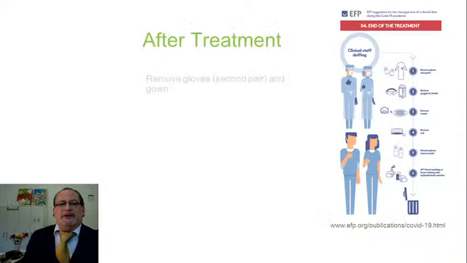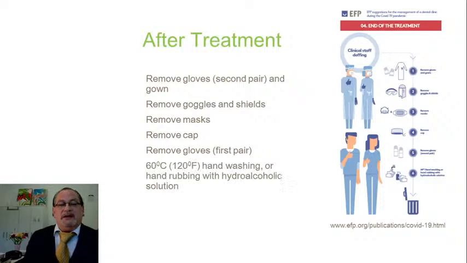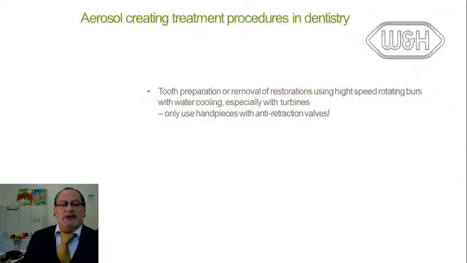The staff after the treatment removes the gloves and the gown, the goggles and the shields, the mask, the cap, the second or first pair of gloves that had been put on, and washes hands with soap and 60-degree warm water or rubs them with hydroalcoholic solution.